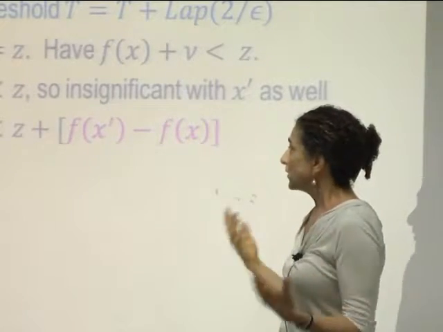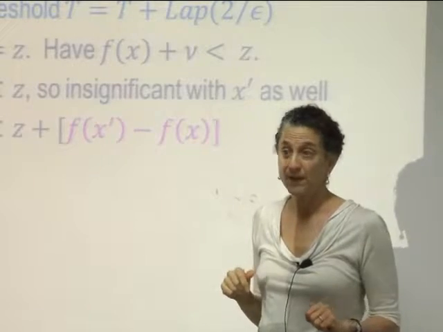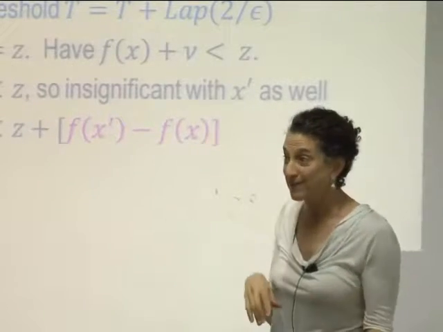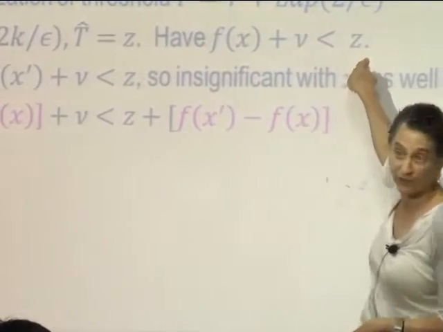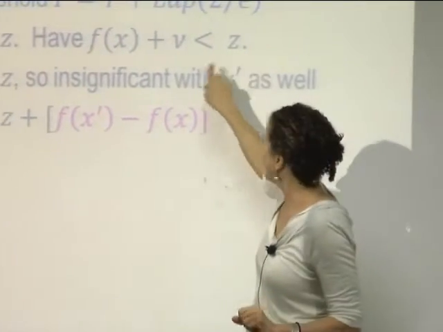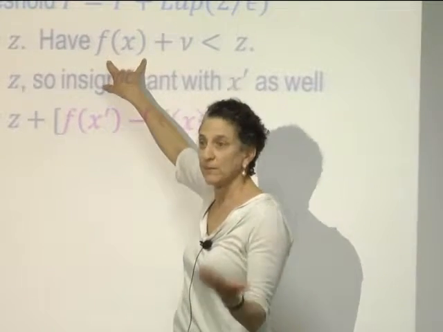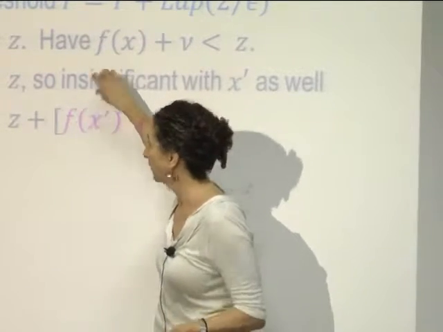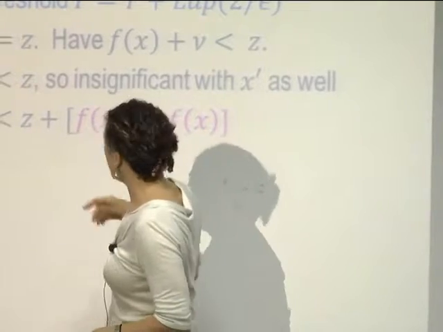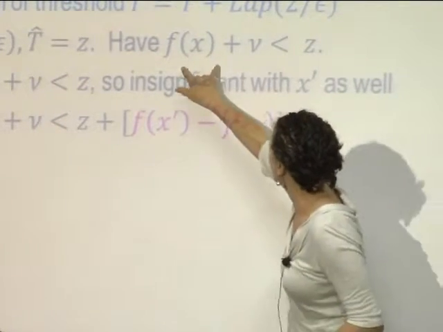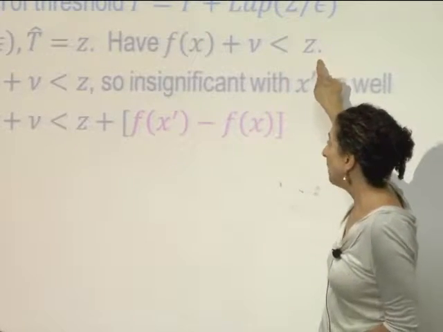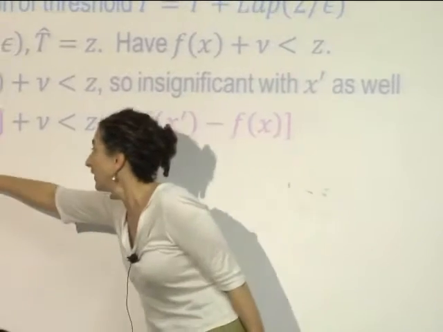OK, so let's look at f of x prime. Clearly, if f of x prime is less than f of x, we're going to also have f of x prime being less than z. That's obvious. But what if f of x prime is bigger than f of x? Well, we can't say that f of x prime will be less than z, but we can show that it's going to be less than z plus 1.